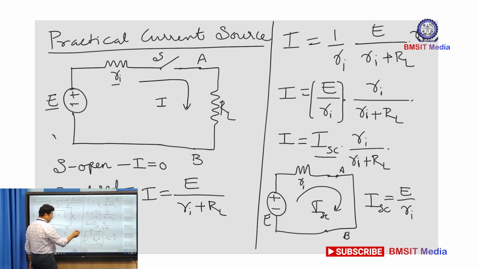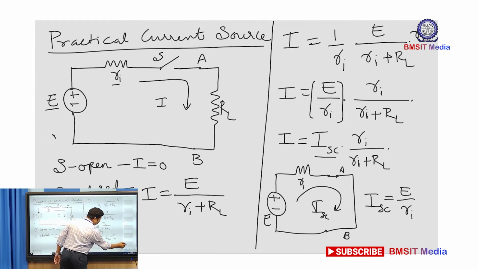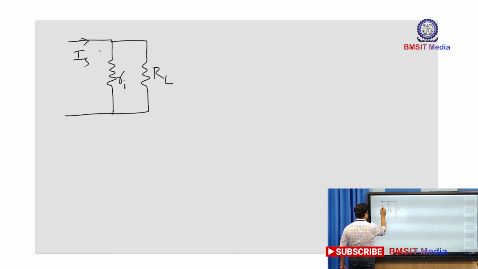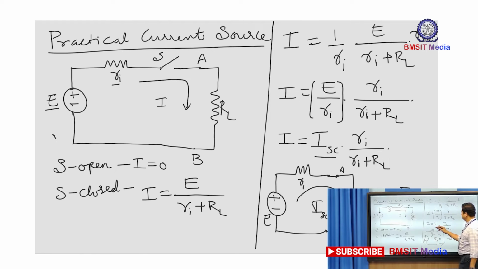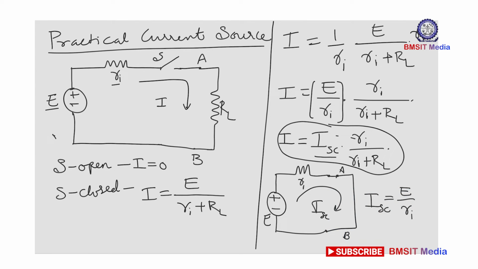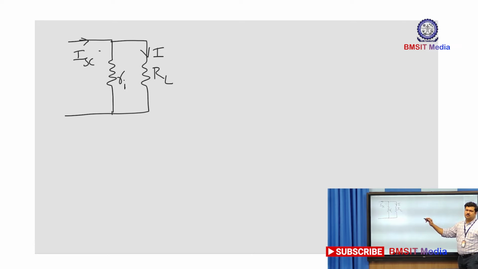If I want to realize this expression in circuit form, I can draw Ri, RL, and this is where the ISC is entering the parallel branch, and this is the current I. This current divider equation gives us this circuit.